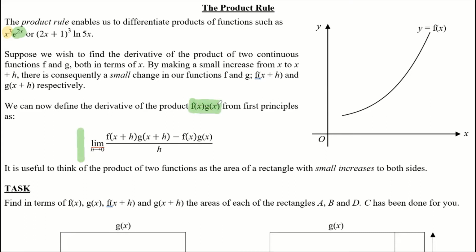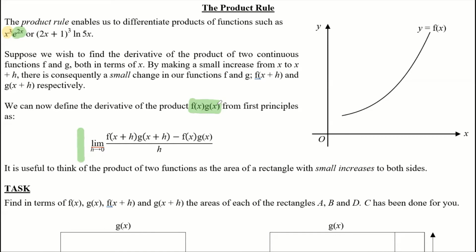Okay, and the limit as h approaches 0 is the product of f when x has been substituted in with a slight change, so the increase in h as we did with f of x, and the same input into g, subtract the original product of the functions and then divide by h, and obviously take the limit as h approaches 0.